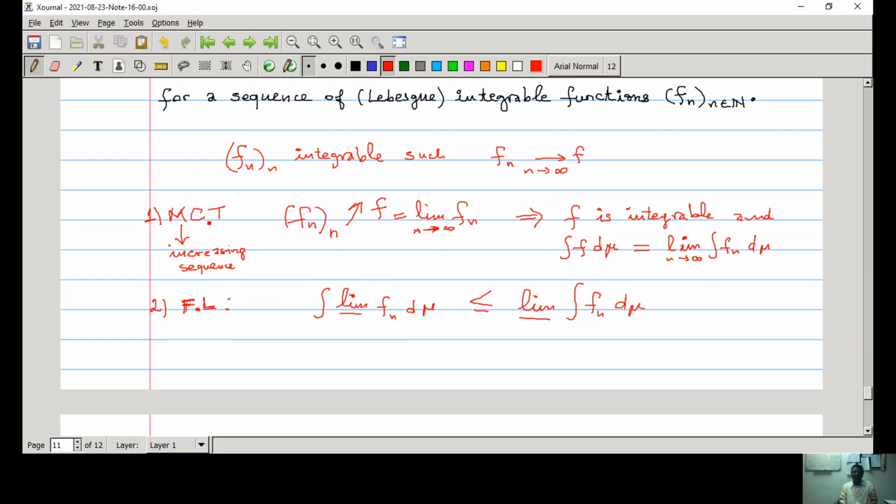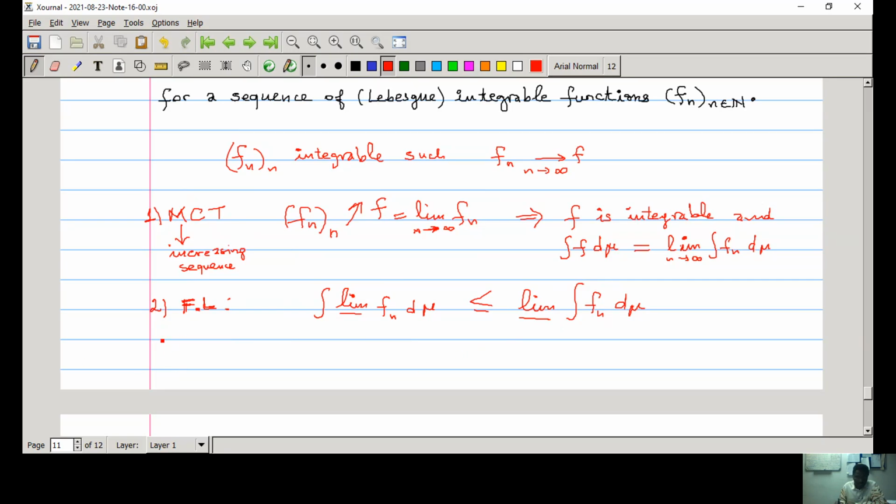But the monotone convergence theorem and the dominated convergence theorem are restrictions. If you look further at the properties of Fn, if there are further restrictions, then you can say whether there will be equality. But the best you can say for any converging sequence is that the integral of the limit inferior of Fn is less than or equal to the limit inferior of the integral.